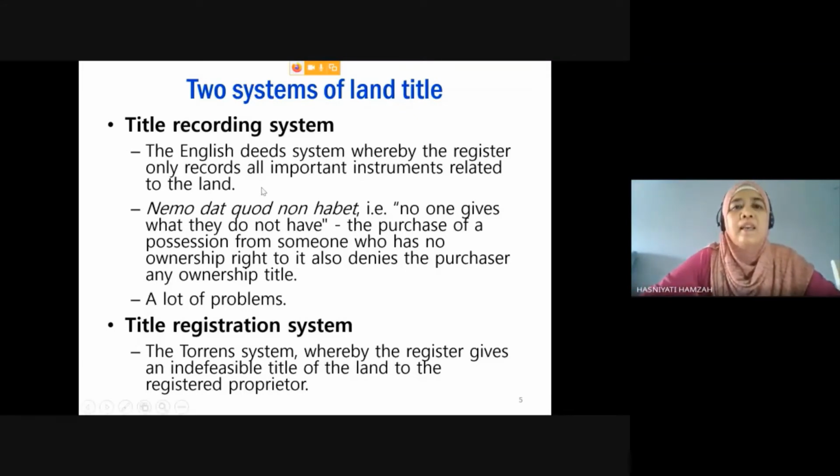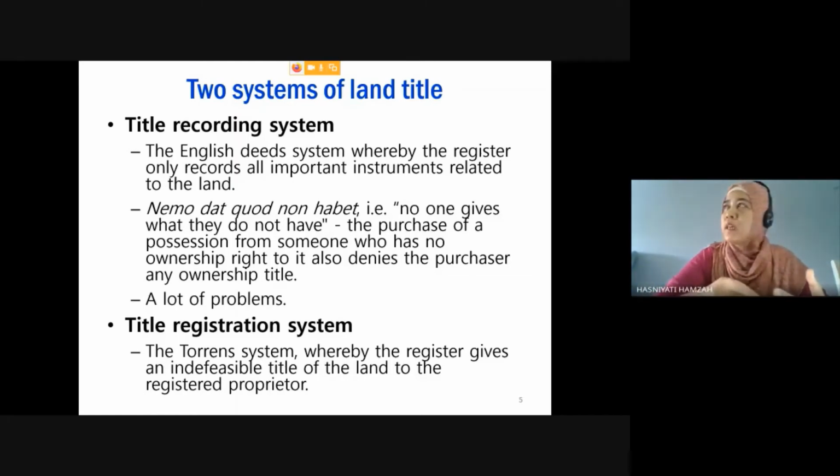Okay, and here, again, let me just stress this fact. The English deed system only records the instruments related to the land. The registry does not record the ownership of the land. So it means if there's any transfer deed, the transfer document or transfer instrument will be recorded. If there's a mortgage instrument on the property, the mortgage instrument is recorded.